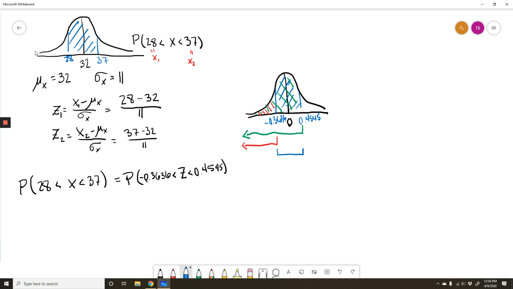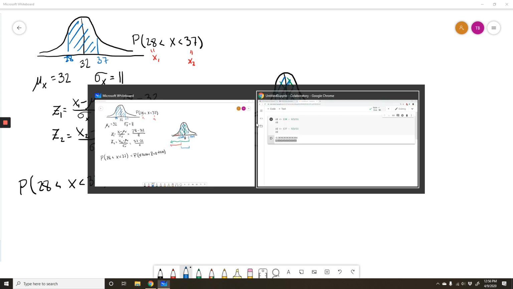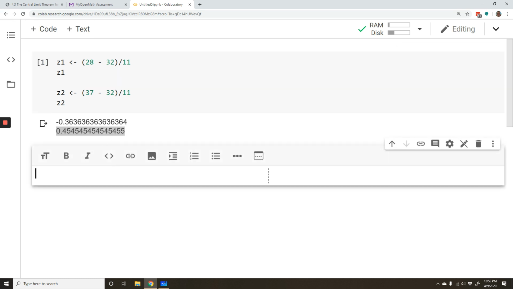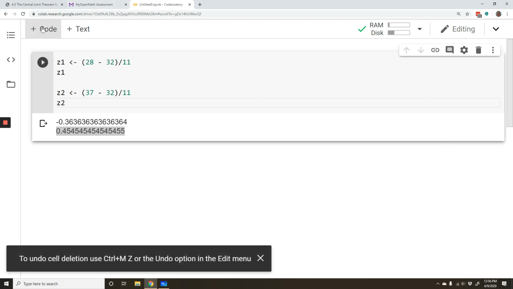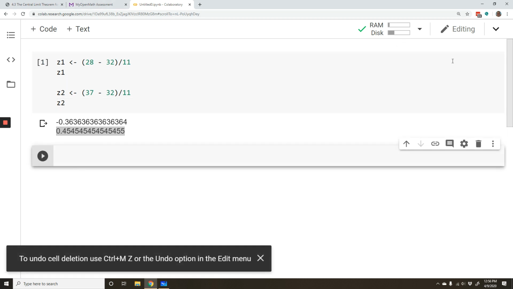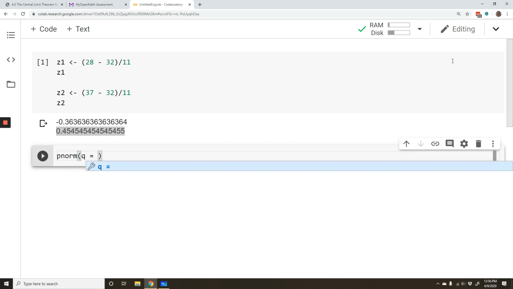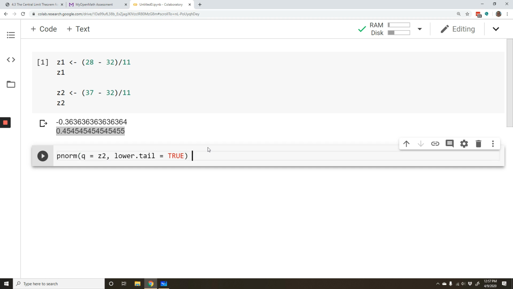Okay, so let's put that into our notebook. Need a code cell for that. So p-norm, q equals my bigger Z value, the 0.4545, which I stored in Z2, so I don't have to type it again. Lower tail true.